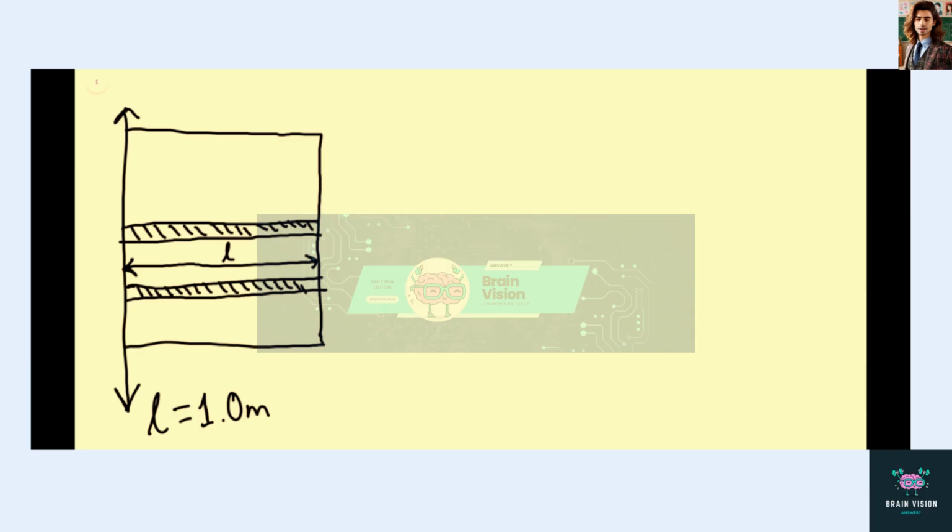So we can say that the moment of inertia of one of these rods would be equal to 1/3 m sub i L squared, where m sub i is the mass of one single rod.